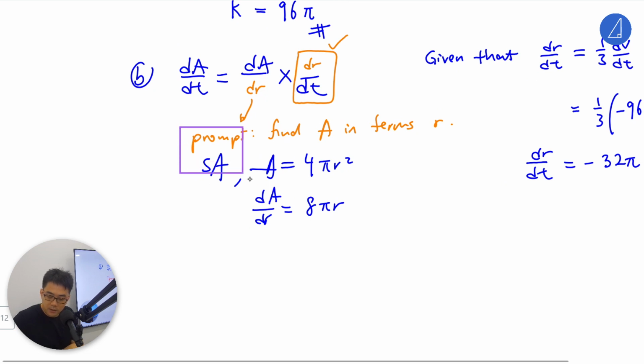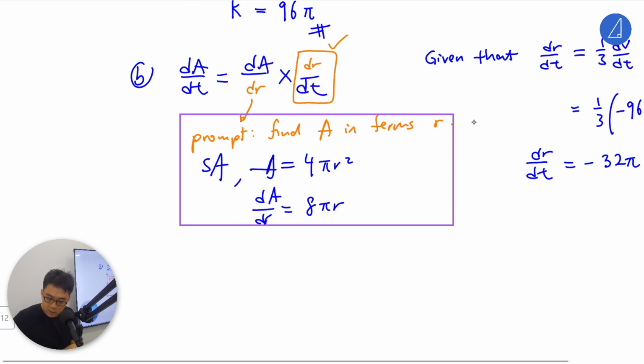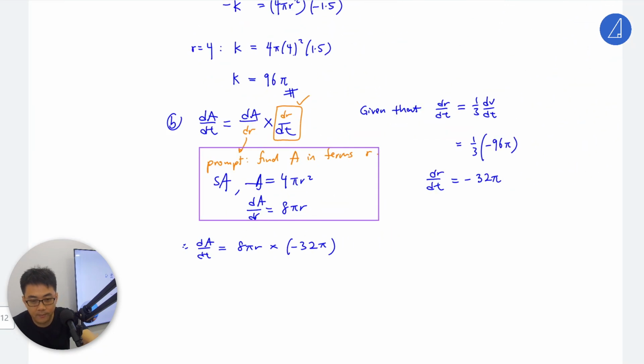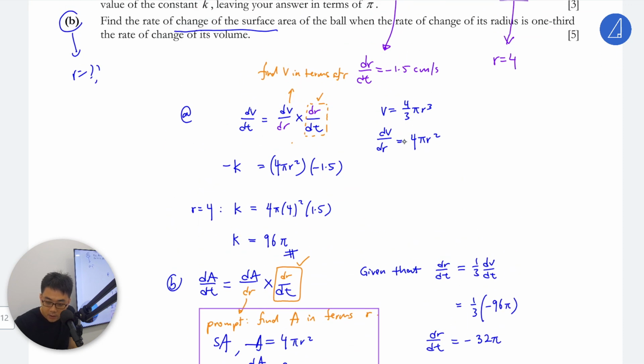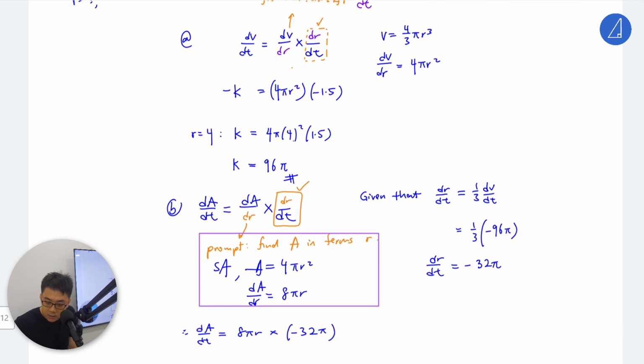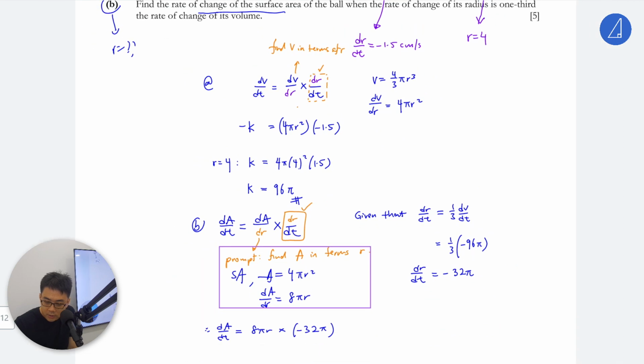So in this case here, you agree we need to find the r? The r is the one which changes. So dr/dt, just now we know dr/dt is negative a third pi.